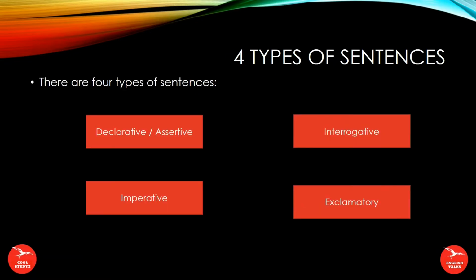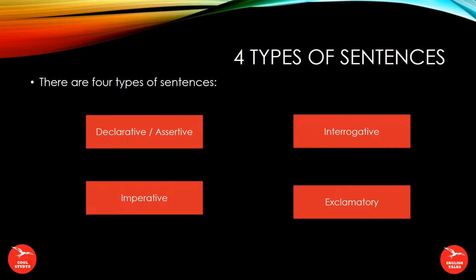So here is the gist of all the four types of sentences. Declarative or assertive sentence, just like a normal statement, like I love my country, my sister is an engineer. Whereas interrogative sentences usually end with a question mark, and that declarative sentence always ends with a full stop. A full stop is there because it's just a statement. Don't forget that point.